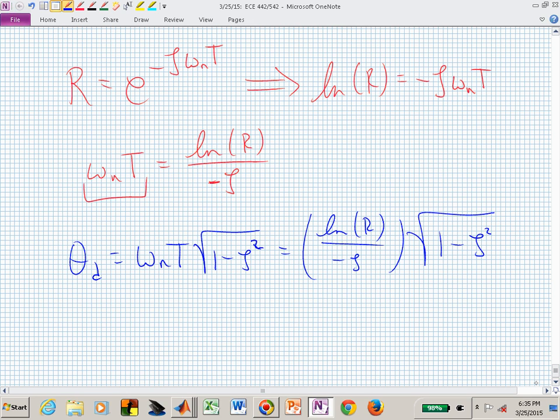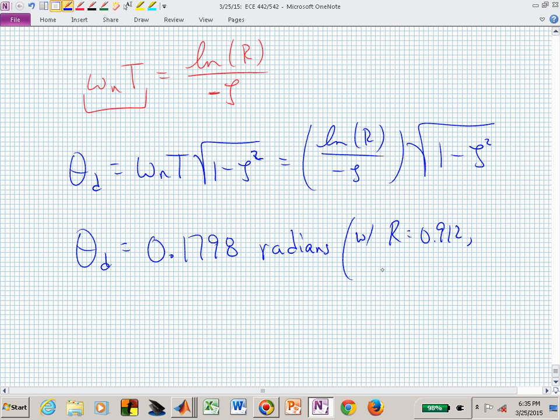And we know r and we know zeta. We can now compute the angle that corresponds to in radians, and that's 0.1798 radians. And that was with r equal to 0.912 from our settling time spec, and our zeta of 0.456 from our percent overshoot spec of 20%.